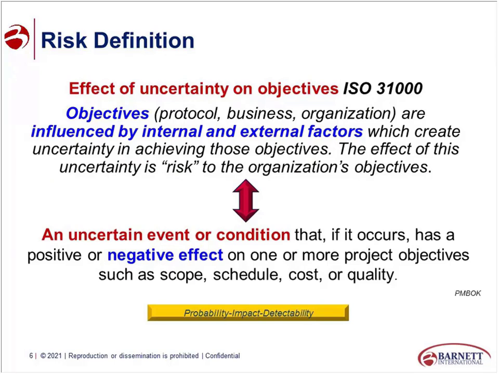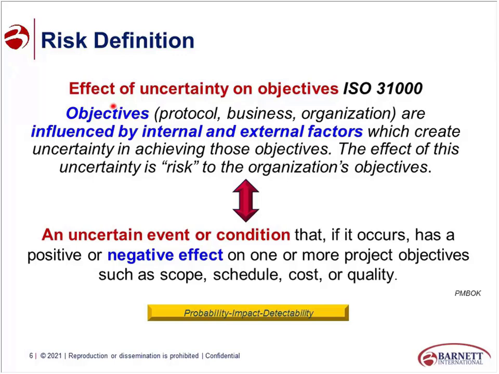But risk itself, the basic definition, is the effect of uncertainty on objectives. The concept that something could go wrong. So objectives, being the protocol, business organization, are influenced by internal and external factors. So again, really looking at risk being the fact that something can go wrong.